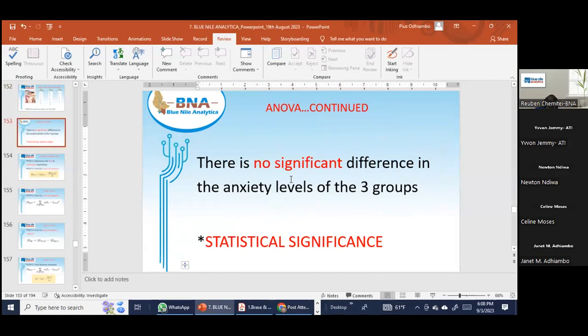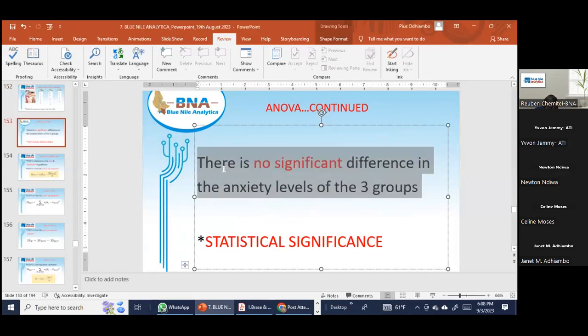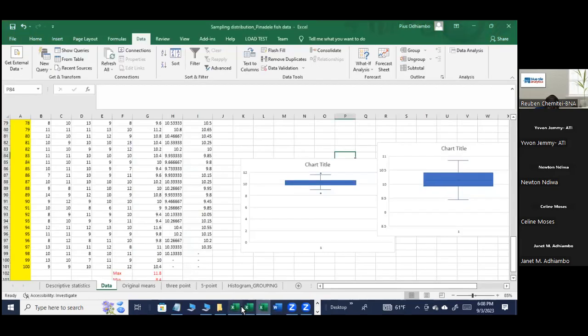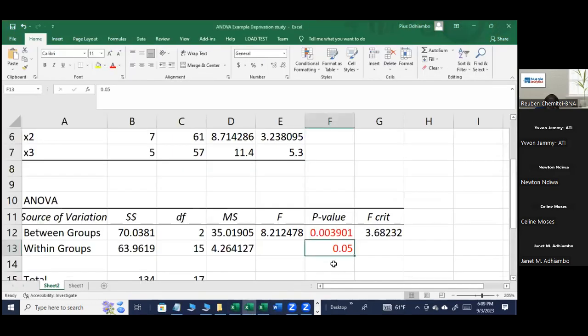So our statement, where we began by stating the hypothesis, we say there is no significant difference, but there is a significant difference because that particular value of 0.0039 is less, descending towards 0.